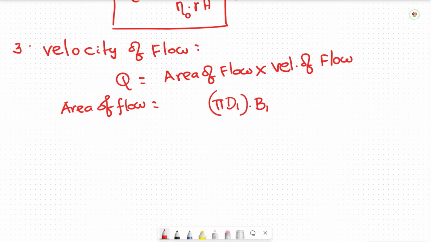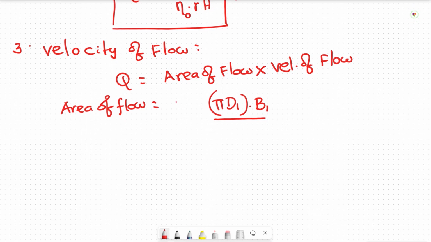But this is theoretical. The problem is the vanes also occupy some portion. It is not completely an open wheel, but the vanes are fixed.